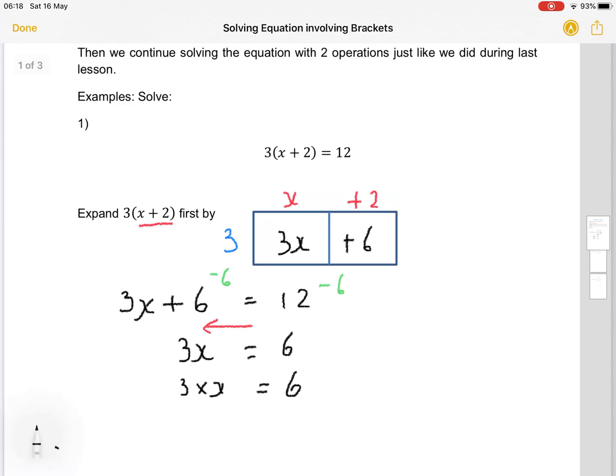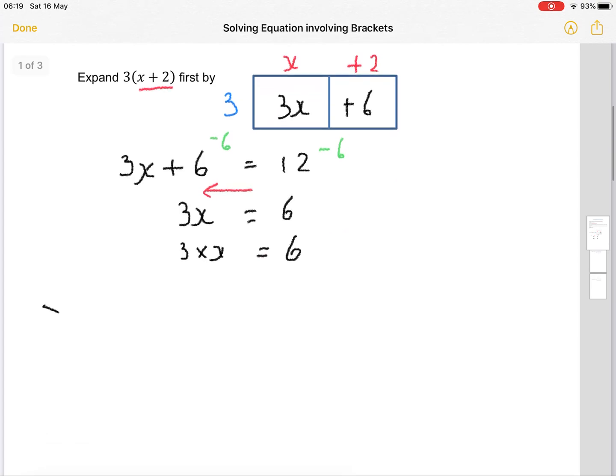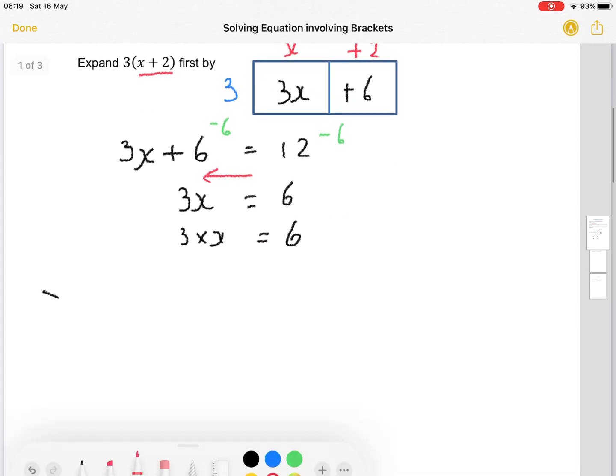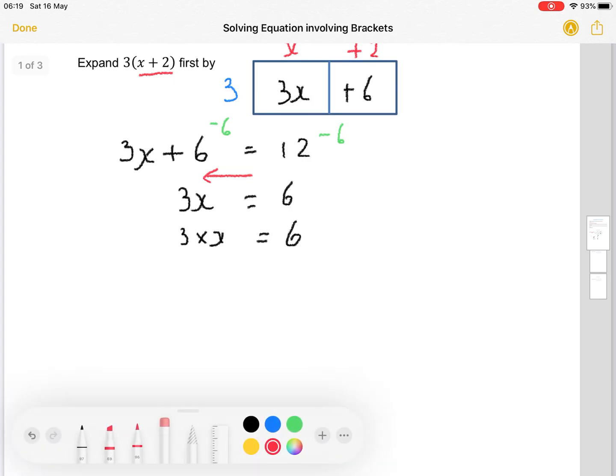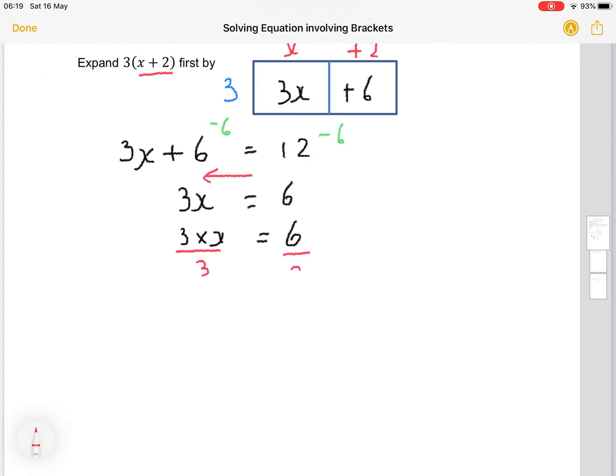The opposite of times 3 is division by 3. So division by 3 on both sides. I can cancel the left with the right. I can cancel the 3 with the 3. 3 into 3 goes 1. I can cancel the 3 with the 6. 3 into 6 goes 2.